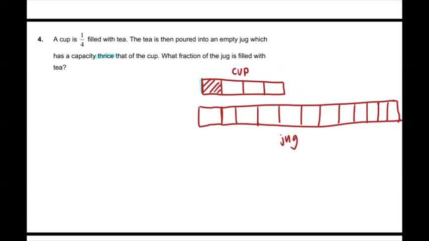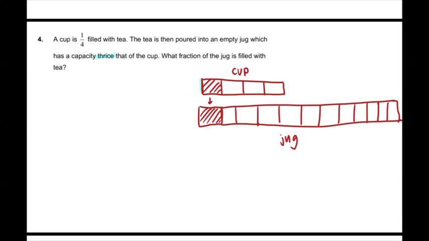Second model is representing the jug. So since the jug is 3 times or thrice the quantity of the cup, when you pour it into the jug, the unit will change, the fraction will change. So instead of 1/4, it now becomes 1 out of 12.